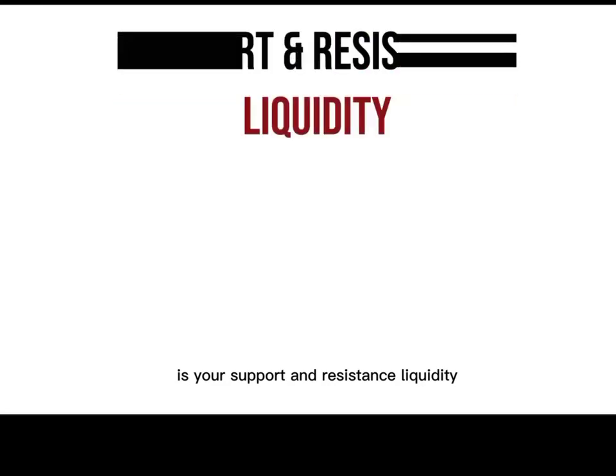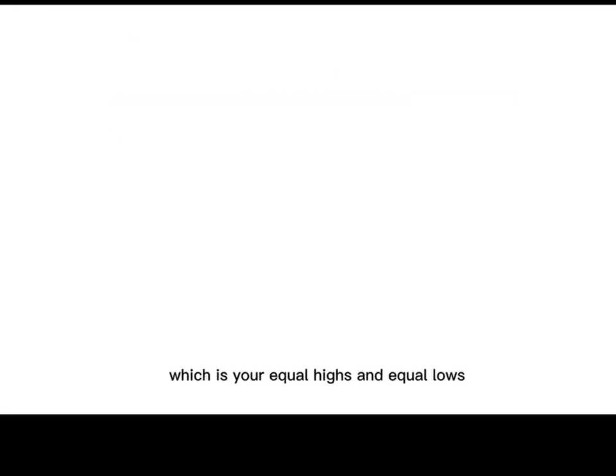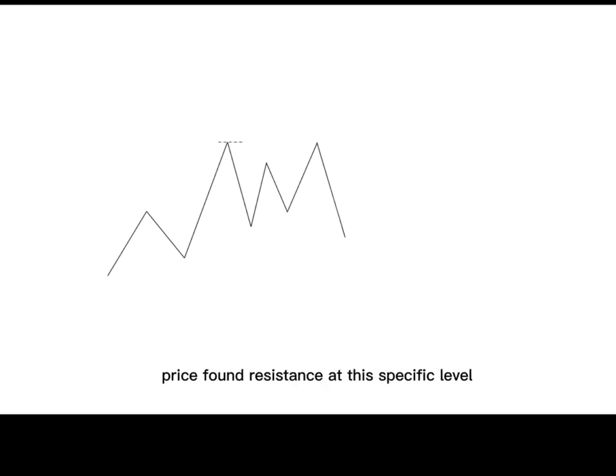So the first type of liquidity we're going to cover is your support and resistance liquidity, which is your equal highs and equal lows. As you can see, price found resistance at this specific level. What does that mean? That means institutions sold at this level and retail traders might have taken advantage of this.